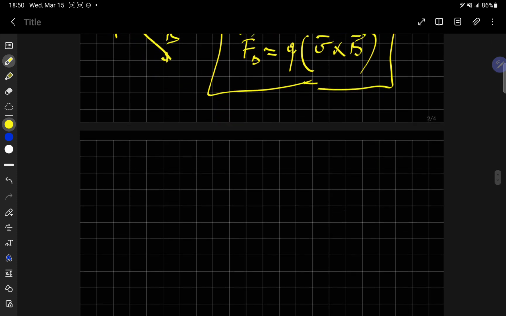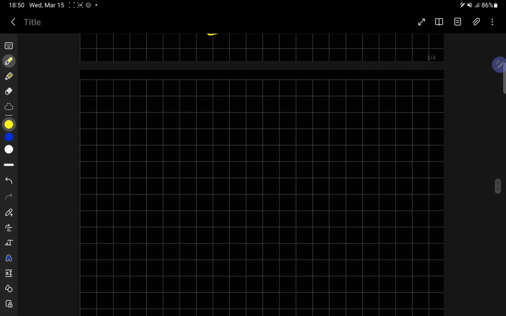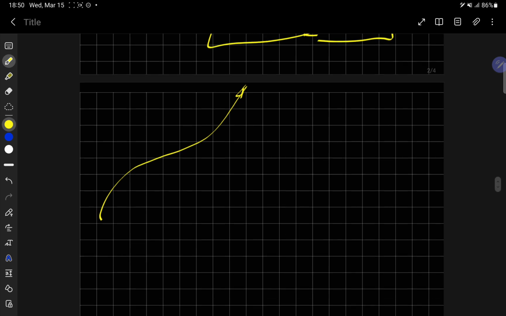Now, this is a force on some point charge Q. But now let's see the force on some wire of some length L. Let's say we have a current through that wire, and the wire is in some magnetic field B, and a charge Q goes in this direction with some speed v.